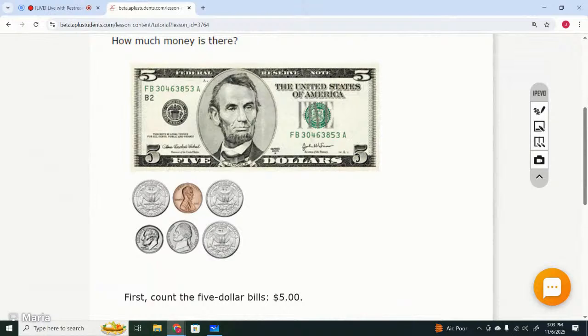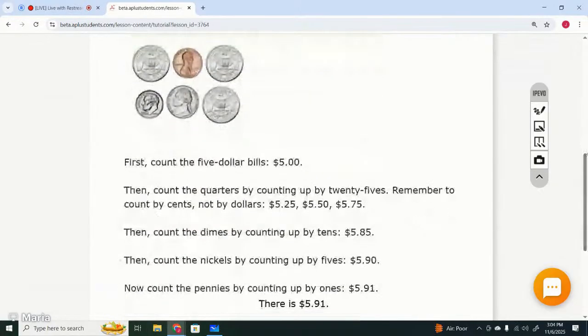We are going to learn how we count these coins, right? So start with the dimes. We can count the dimes by tens, right?